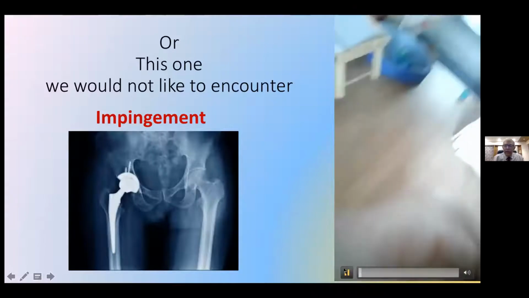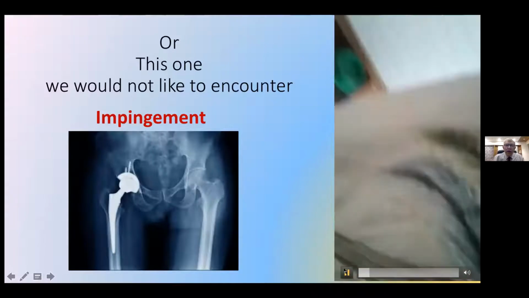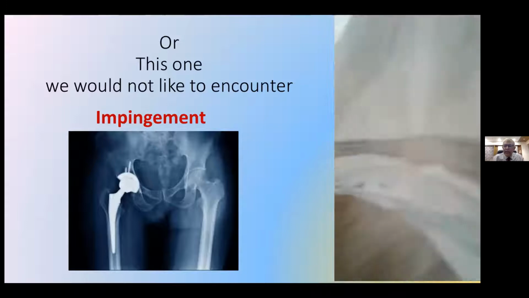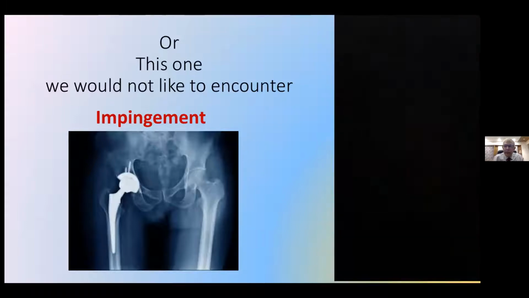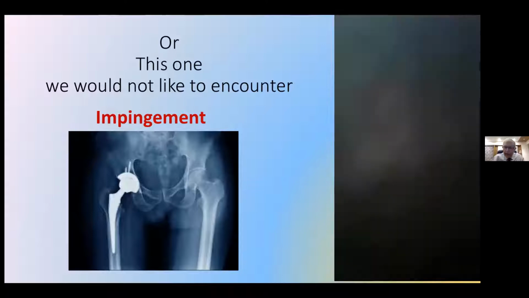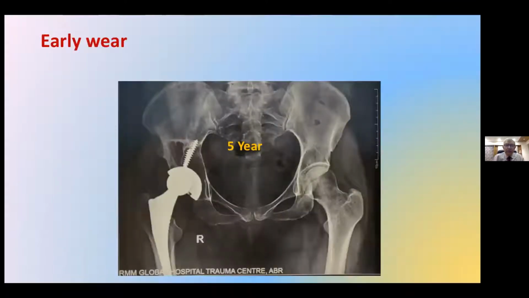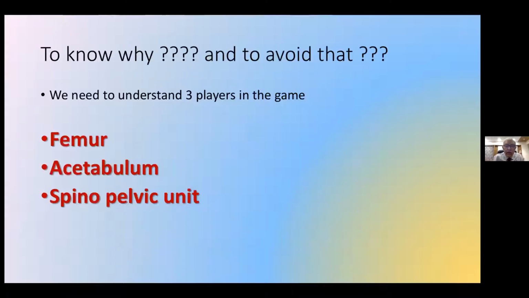In a ceramic joint, we heard this squeaking, like here you can see in this video. This sound of squeaking is because of impingement or early wear. In a nicely placed component, it just wore out in 5 years. Maybe it is because of improper placement leading to early wear.